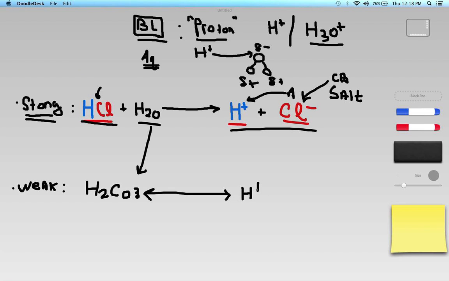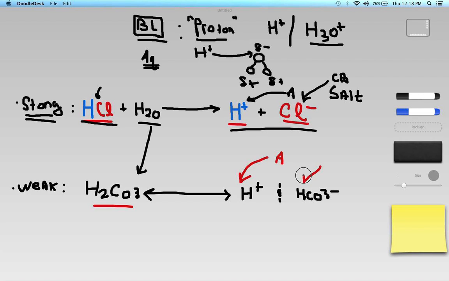It can dissociate into a hydrogen ion and a bicarbonate ion, HCO3 negative. So here I have carbonic acid, and it has dissociated into its acid and its salt, or its conjugate base, bicarbonate, over here. And you might say, well, this looks frighteningly similar to the strong acid, so I don't see the difference.